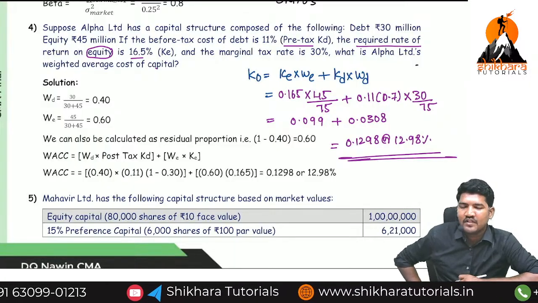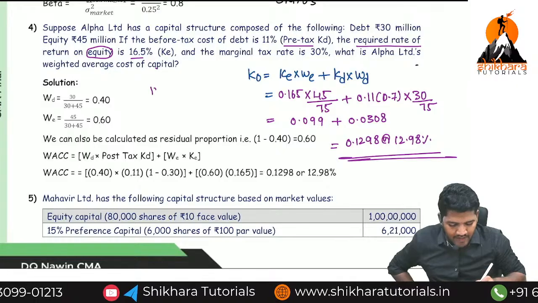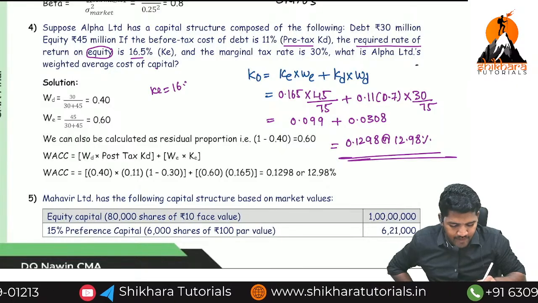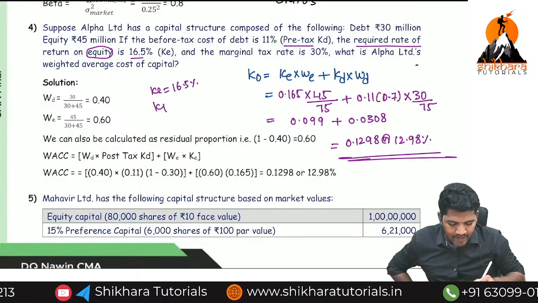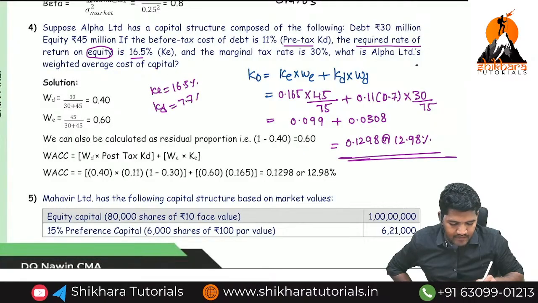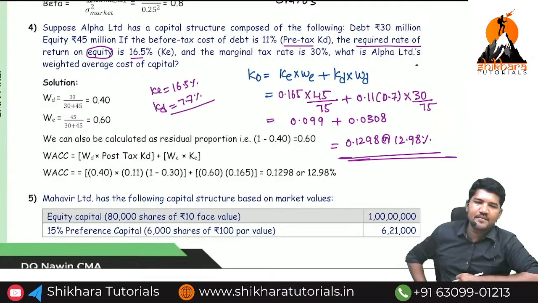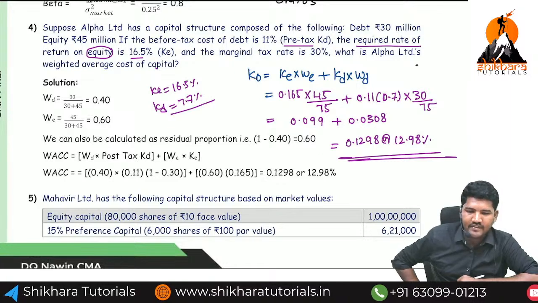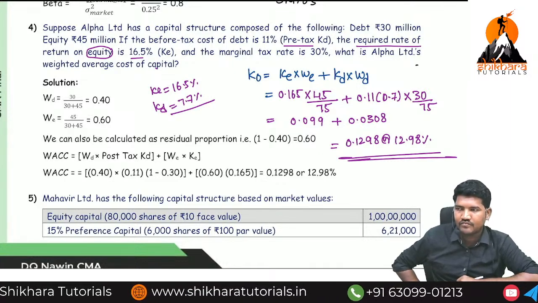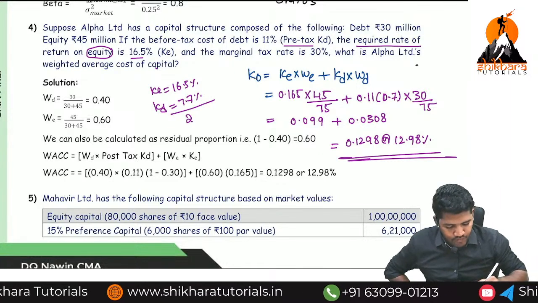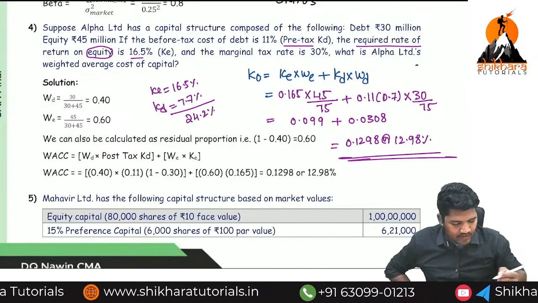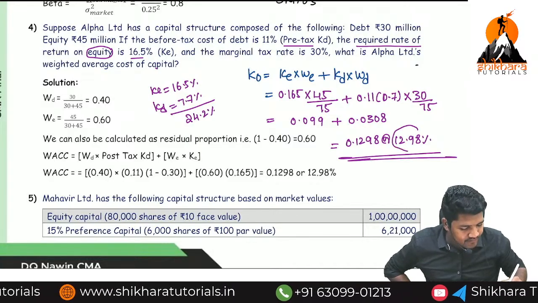Guys, clear? Now see, KE equals 16.5%. KD equals 7.7%. Now what is the total of 16.5 plus 7.7? 24.2%. Now what is our answer?